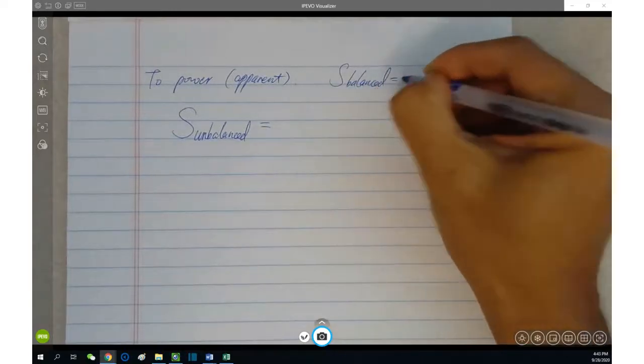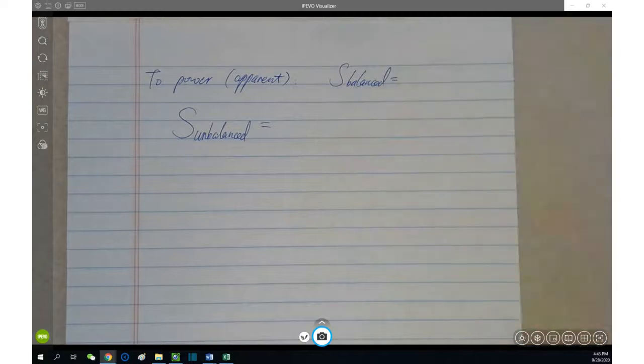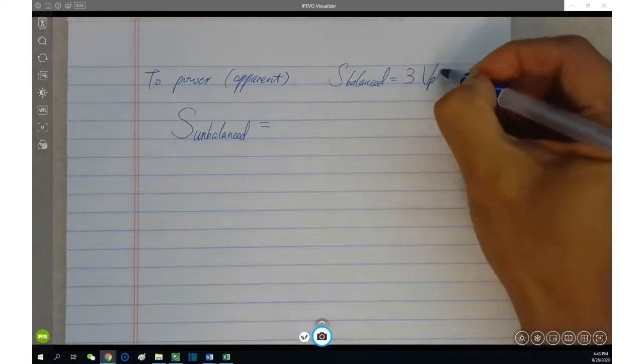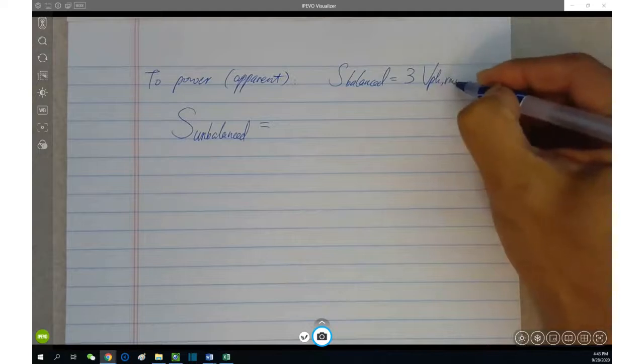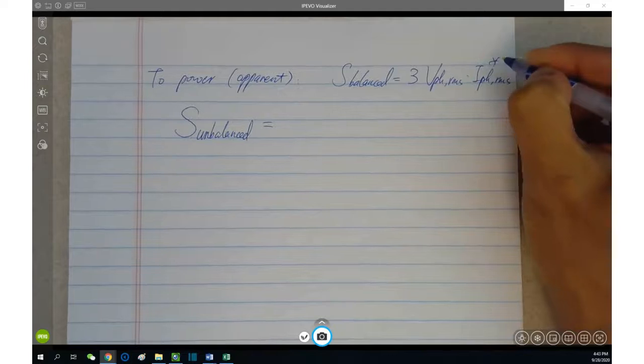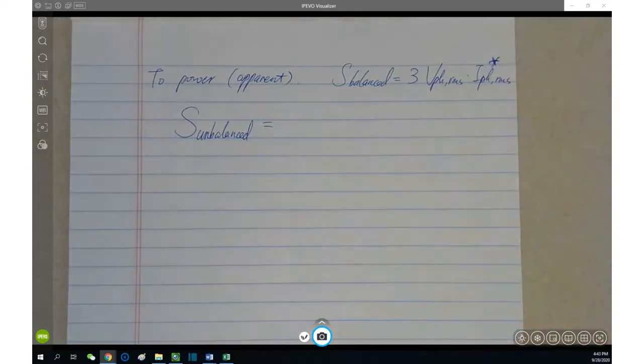We previously learned the three-phase balanced power, right? Equals 3 V phase RMS times I phase RMS conjugate, right? This is what we learned from module 2. Very straightforward.